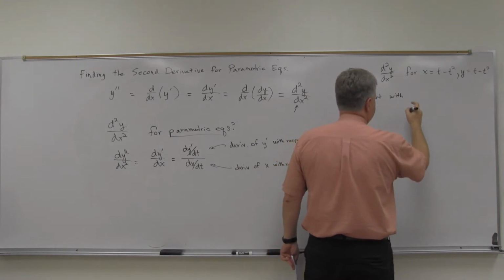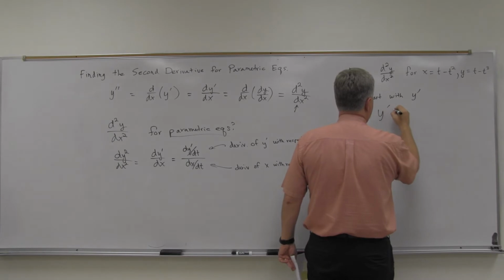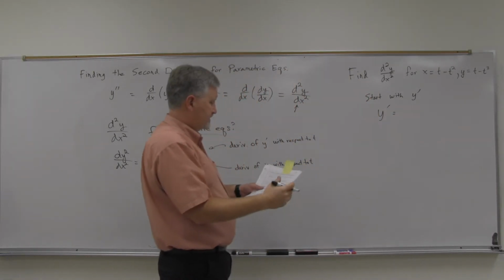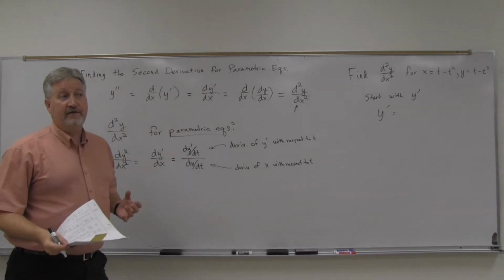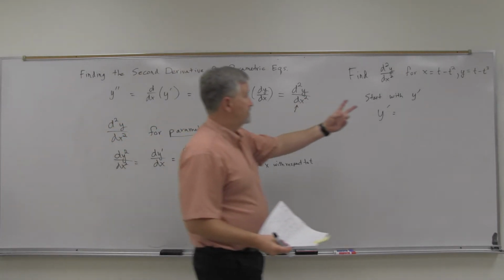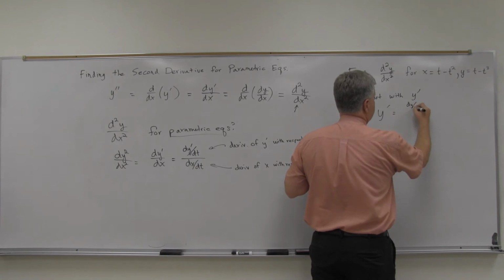Now remember, to get our first derivative, our dy over dx, however we write it, remember how we did it for parametric? Well, you just do the derivative of y with respect to t over the derivative of x with respect to t.